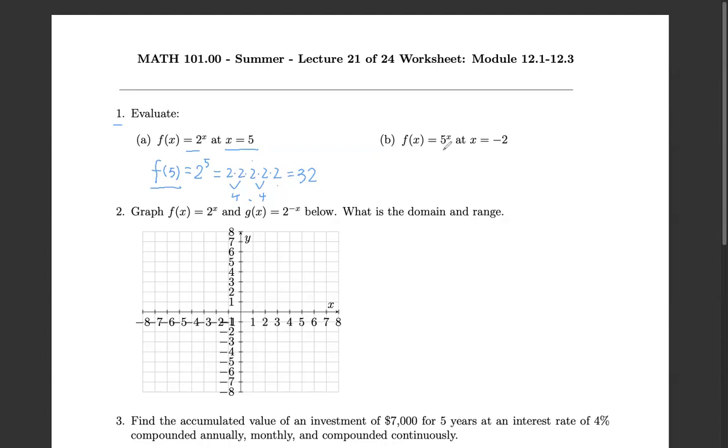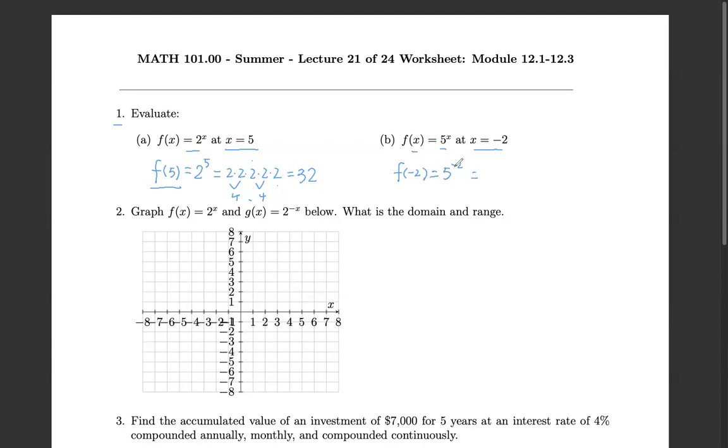Now let's see B. B is a function with base 5, raised to the variable x. And we want to evaluate when x is -2. So we write f of -2, because x is given now as -2. So that's 5 raised to -2.